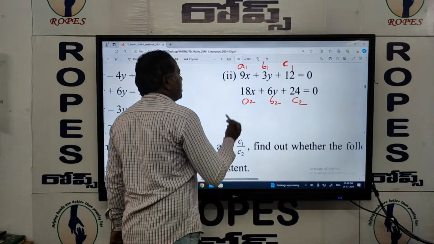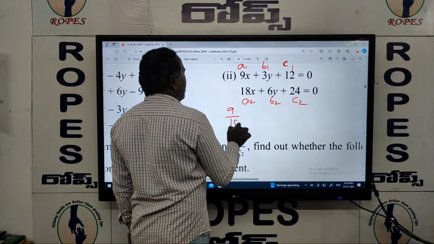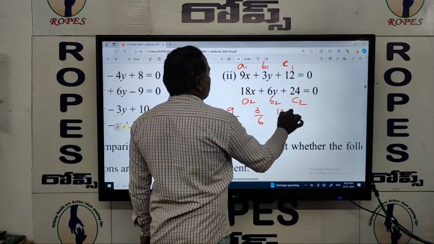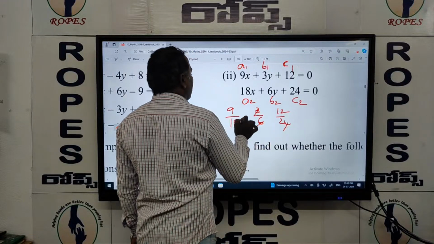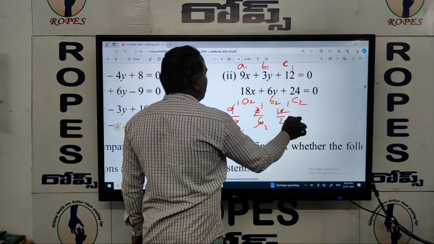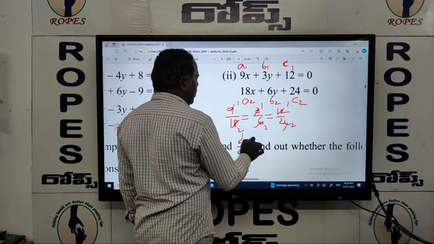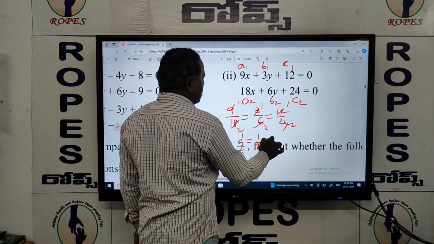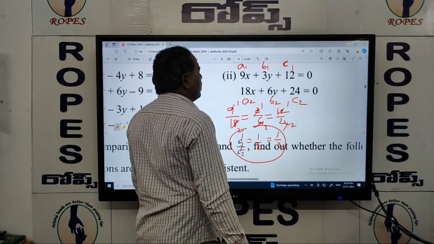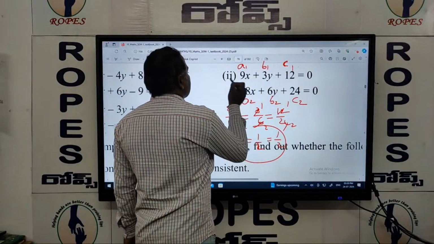Now if you compare A1 by A2, B1 by B2, C1 by C2: 9 by 18, 3 by 6, and 12 by 24. Here all are getting 1 by 2, so 1 by 2 is equal to 1 by 2 is equal to 1 by 2. So all are equal. When all are equal, then the lines are coincident lines.